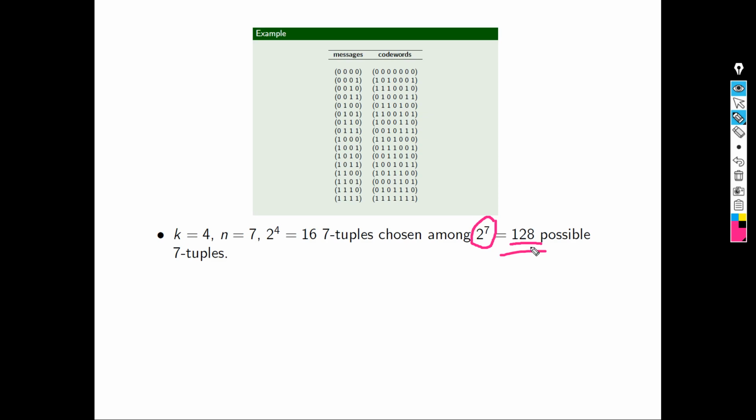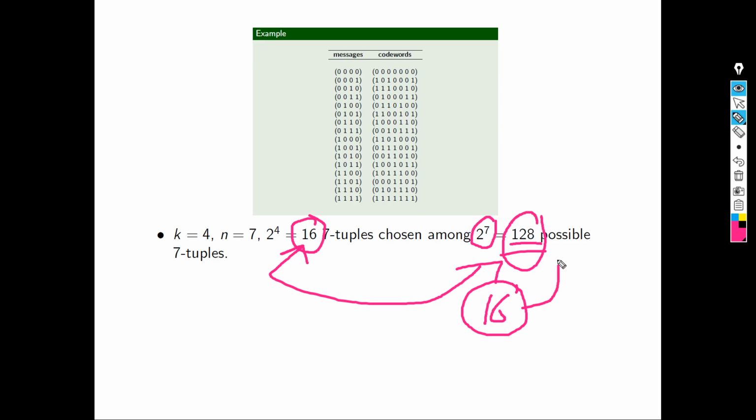Now among all these 128, I need to select only 16 because I have 16 messages, yes? I have 16 messages and therefore I need only 16 code words. But since I have 7 bits, I can get 2 to the power 7, 128. This means that I need to select 16 from 128.